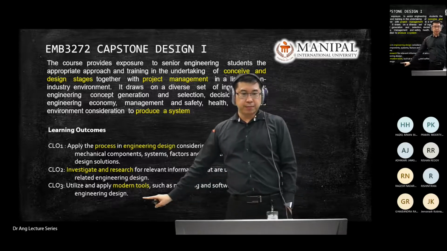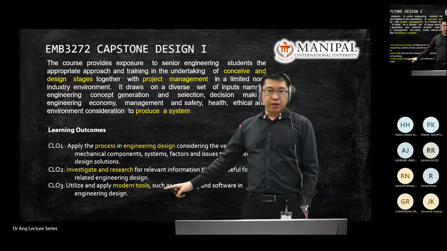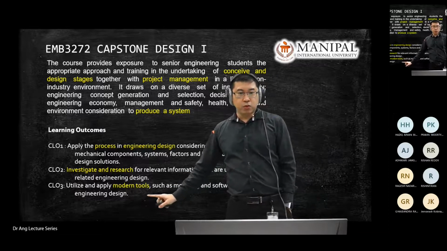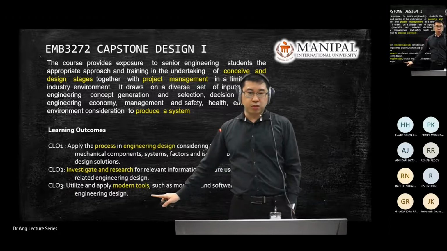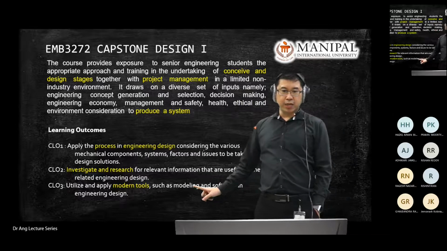The third one is, make sure when you design something, one of the objectives is this: we want to see you know how to use modern tools. What do we mean by modern tools? Including software and modeling.